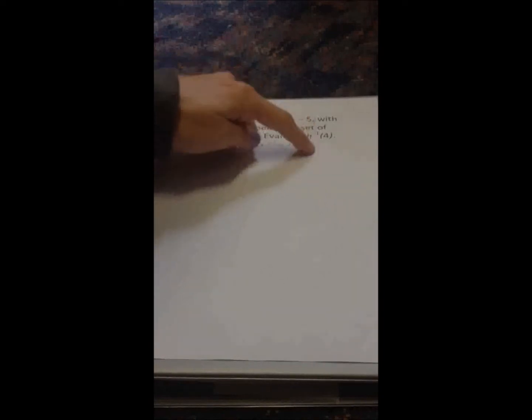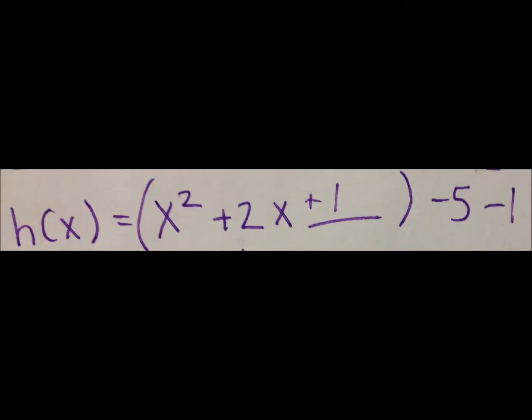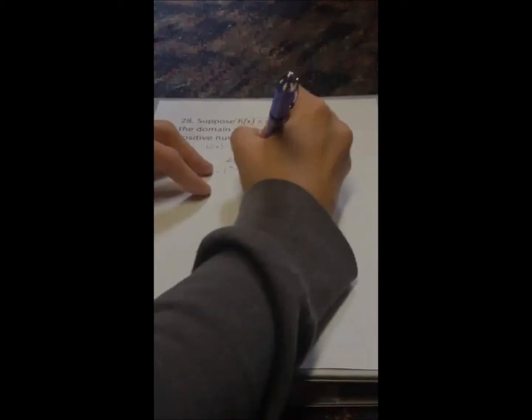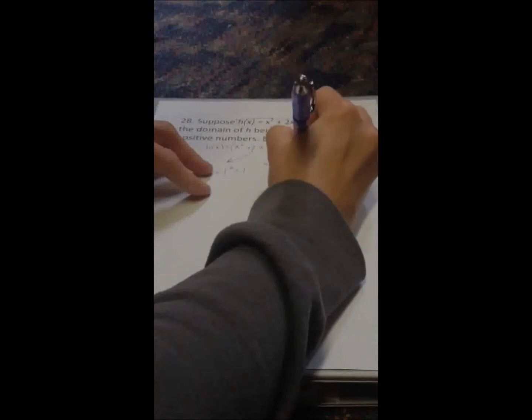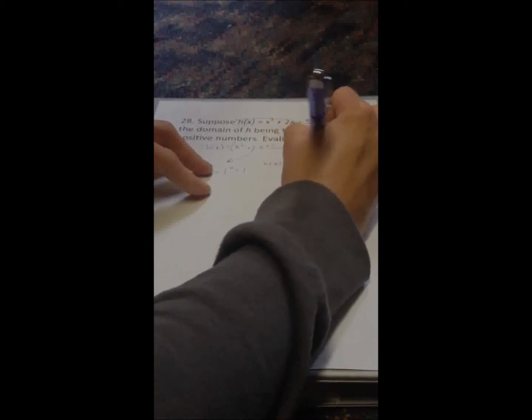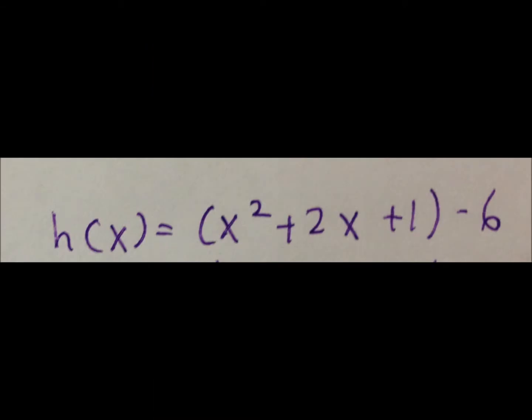And since we don't have any coefficient on the outside that's multiplying times this, we're just going to subtract 1 on this side to make the equation even. So this gives us h of x, x squared plus 2x plus 1 minus 6.